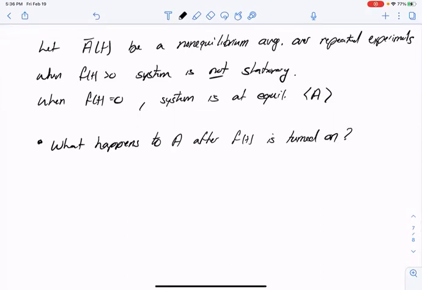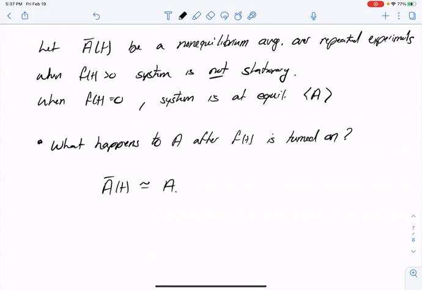Well, one way to go about answering that question would be to consider the average A of t as A being a functional of time, a functional of the phase space evolution of the system. And imagine that if F is small, I can treat that evolution of A through a functional expansion.